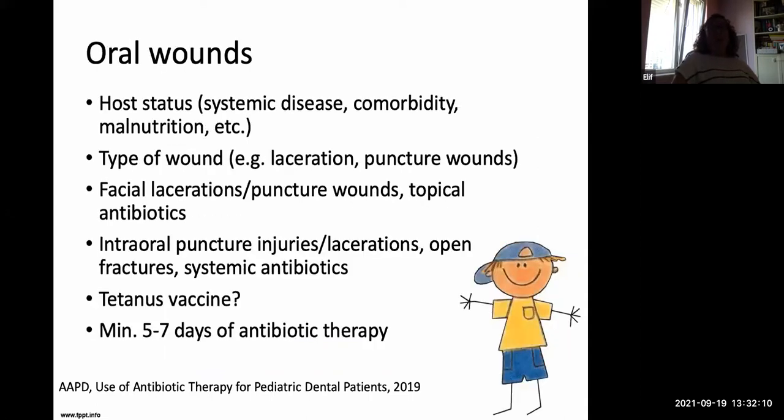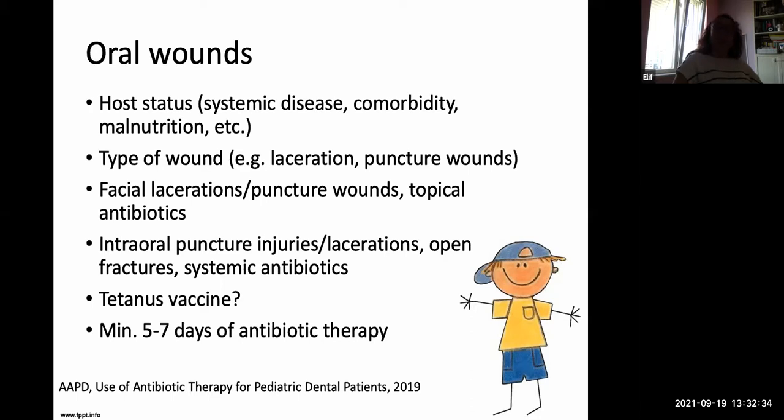In oral wounds, things to be considered are, firstly, host status, because there may be systemic diseases, comorbidities, or malnutrition. The type of wound is also important. It should be an open wound when we need to prescribe antibiotics.